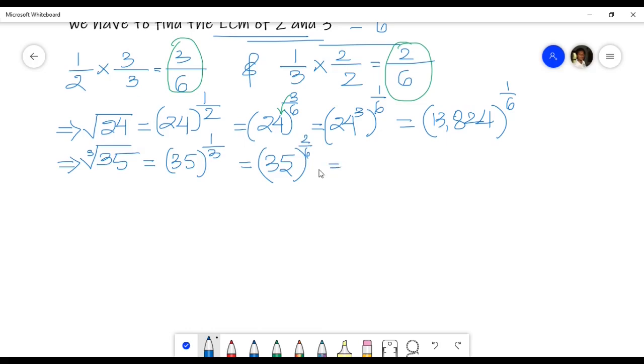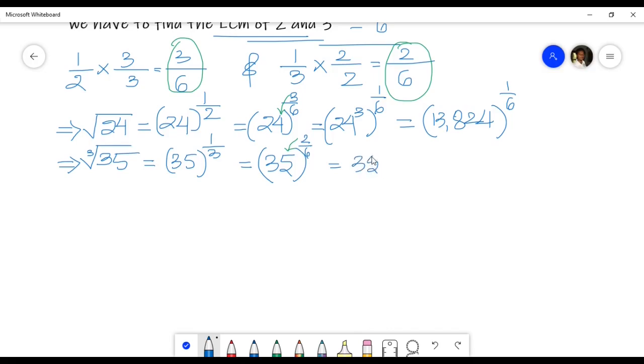So 35 exponent 2 by 6. You can see that 2 by 6 is the new value because we have found it by making the exponent same.